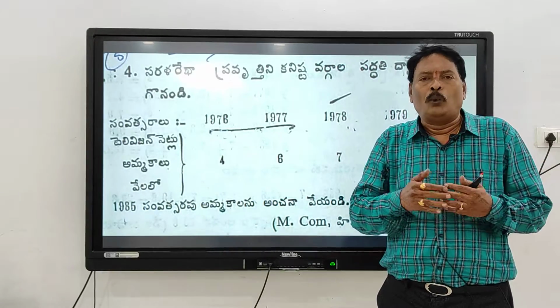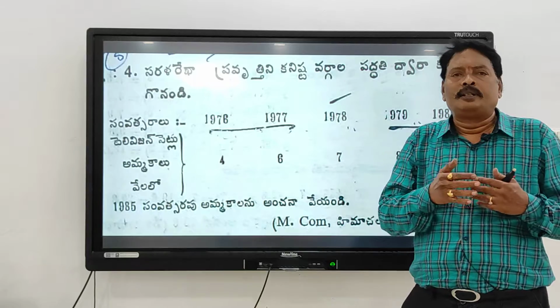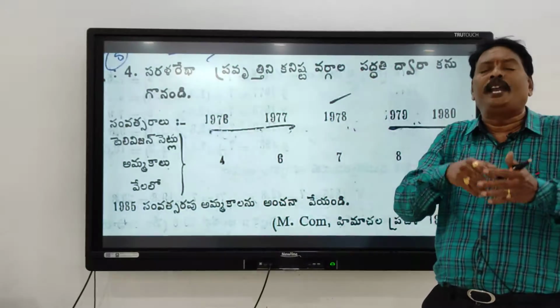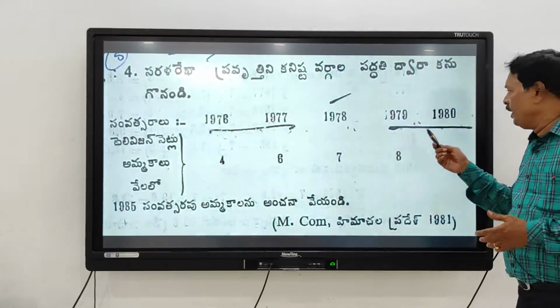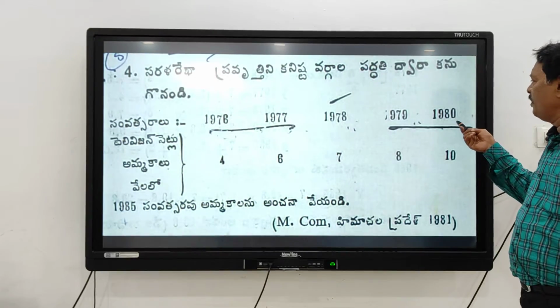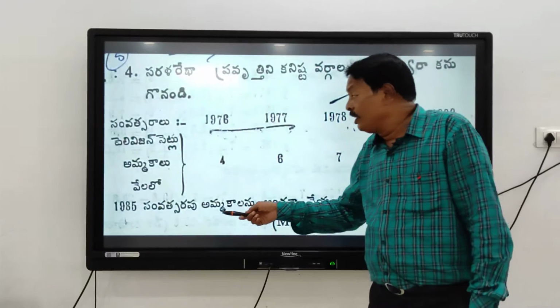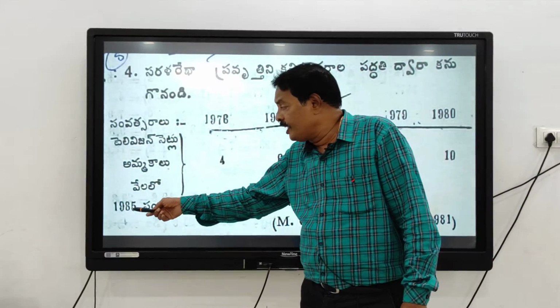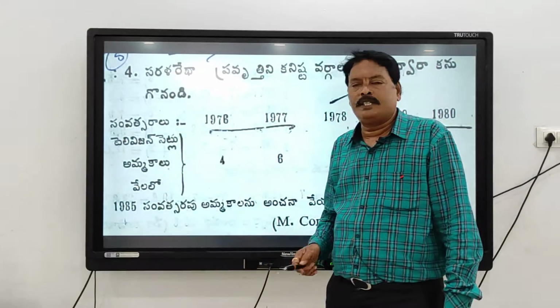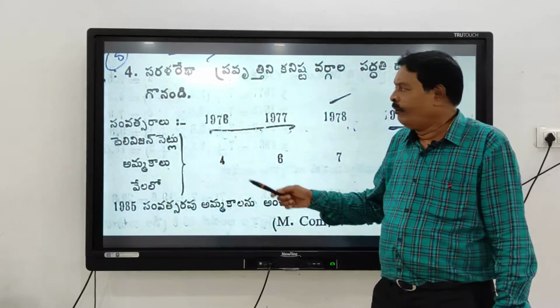That means we are going to predict sales for 1985. In the given problem, information is given only up to 1980, but we have to calculate what the sales will be in 1985. This is the question.